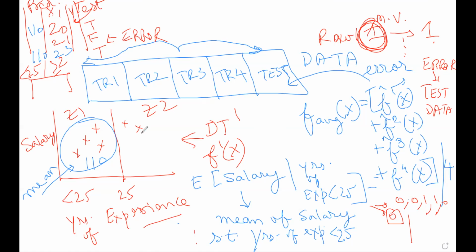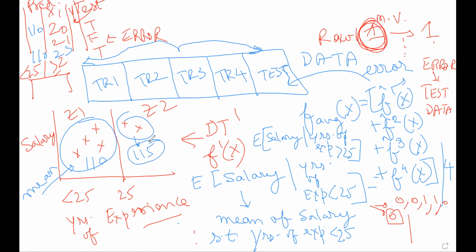And for Z2, I am saying the expected value of salary such that the years of experience is greater than 25. That means I'm calculating the mean of salary such that the years of experience is greater than 25. So the mean of these 2 points, say, comes out to be 115.